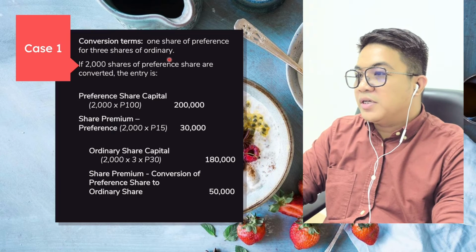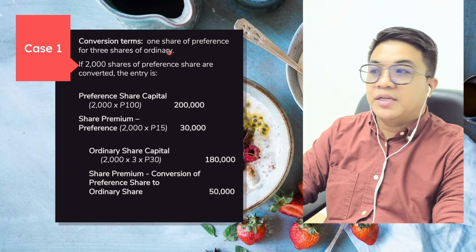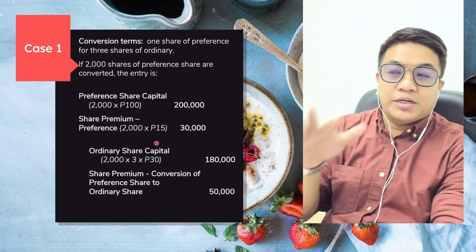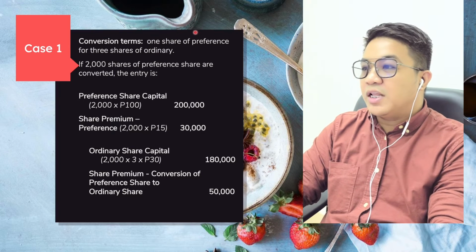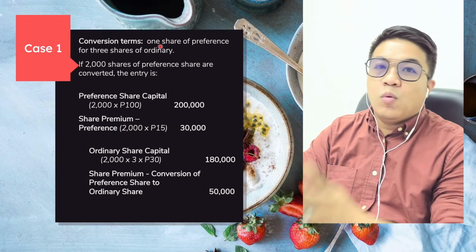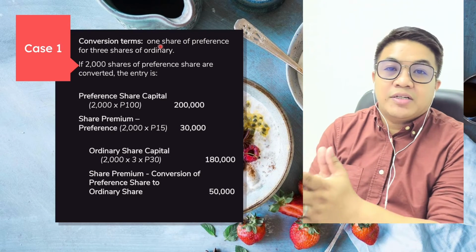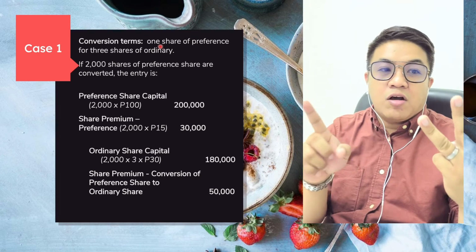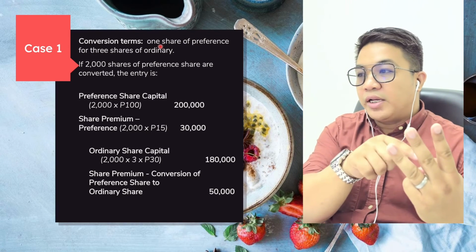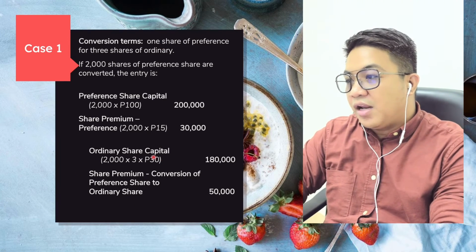Okay. Here it is, guys. 1 share of preference share for 3 shares. Okay. So, sorry, I got a bit lost in the given problem. It is not written as a number, but as a number in words. Okay, 3 shares. So 1 share of preference share is to 3 ordinary shares, 1:3. We convert 1 preference share into 3 ordinary shares. So, its shares are 2,000. We multiply by 3.